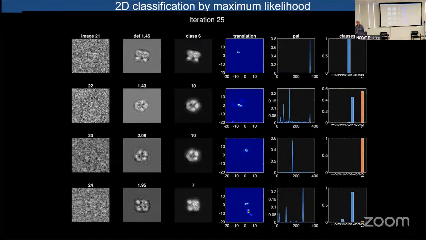Yeah? How do you determine the number of classes? This is something that the user gives. And this is a problem. If you really had to know how many different classes you had, it's rather tricky to determine that after the fact.